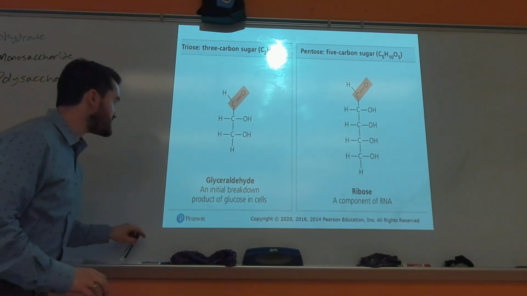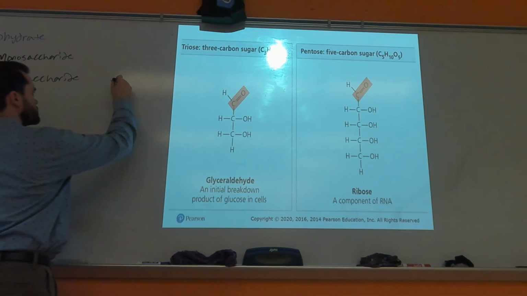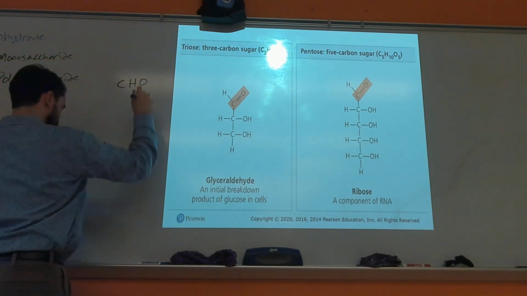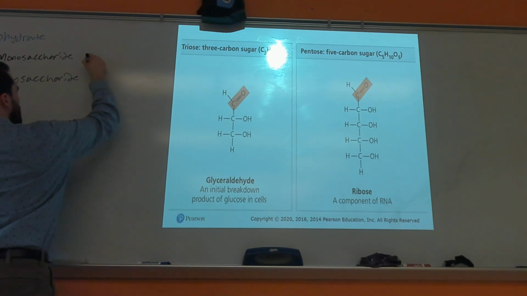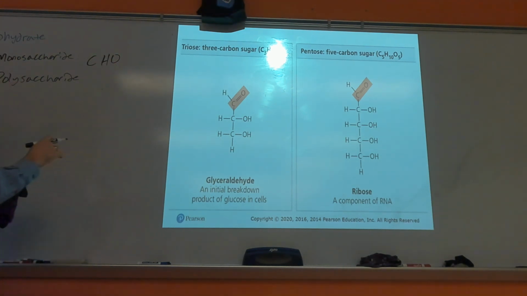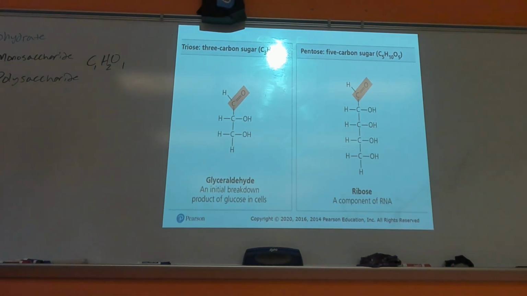Sugars, and this is really important, sugars always have, let me write it up here, think CHO, carbon, hydrogen, oxygen, but it's specifically a 1 to 2 to 1 ratio. Meaning, if you look here, for every 1 carbon and 1 oxygen, you have 2 hydrogens.